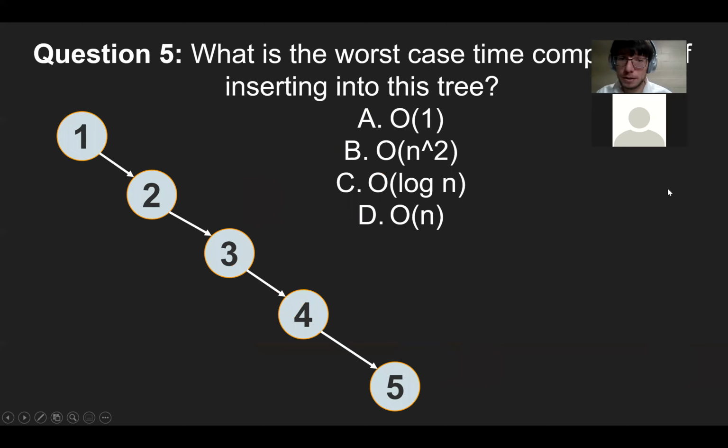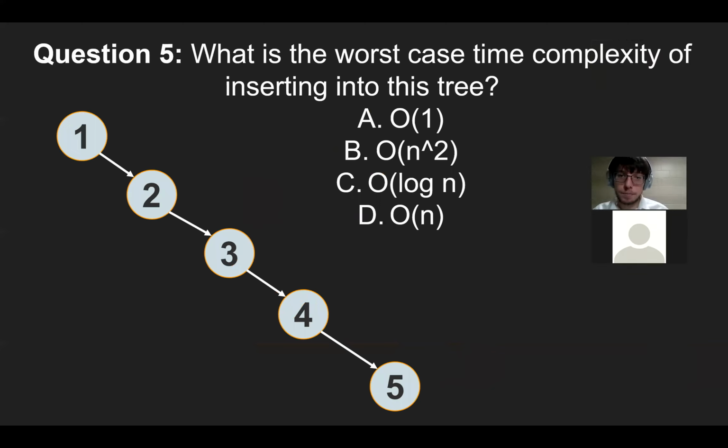What's the worst case time complexity for inserting into this tree? To make it more clear, assume this tree just keeps going, it doesn't stop at 5. Nope, exactly right. So this is an unbalanced tree, and so it's basically just a linked list of nodes, and the time for finding or inserting into a linked list is worst case O(n).